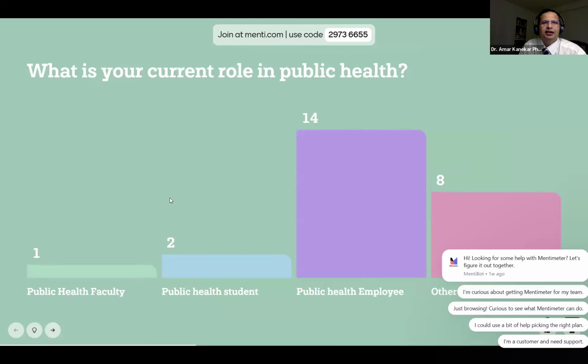I'm able to see the results as we talk, and it looks like we have a lot of public health employees, not many students or faculty so far.